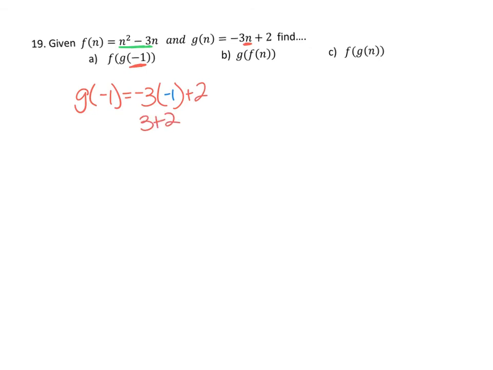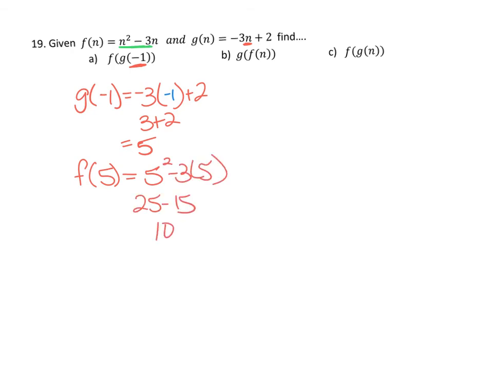That's 3 plus 2, which is 5. Now we're going to plug that into f. F of 5 is 5 squared minus 3 times 5, 25 minus 15, which is 10. So f of g of negative 1 equals 10.